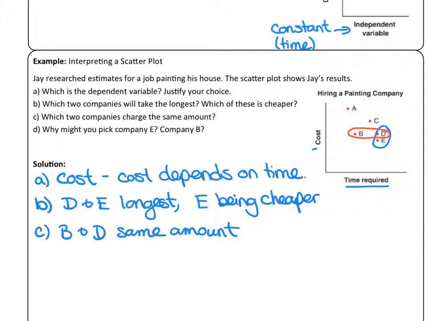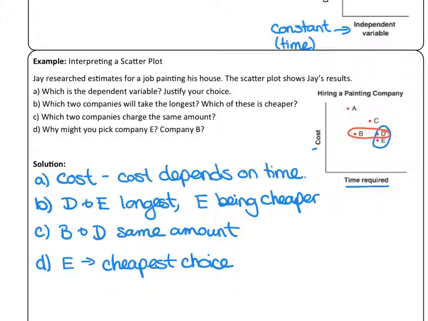Why might you pick company E or company B? In this case, you might pick company E because it actually is the cheapest of all the choices. Why might you pick company B? Company B, although it takes a little bit more time than A does, it is fairly cheaper.